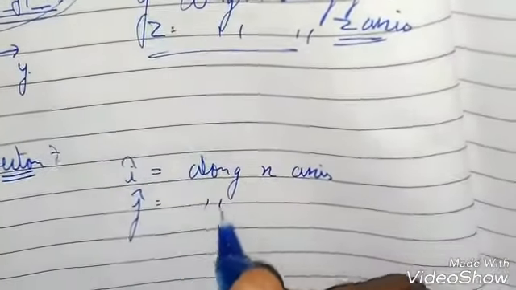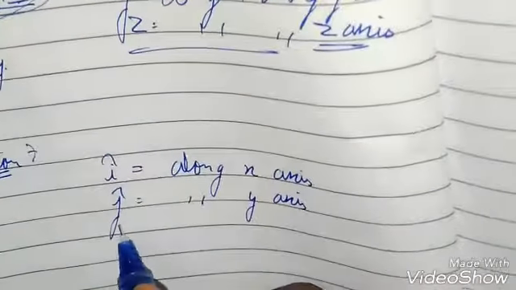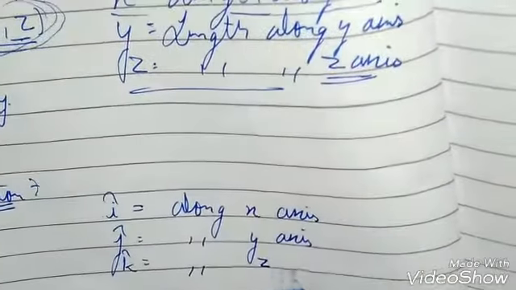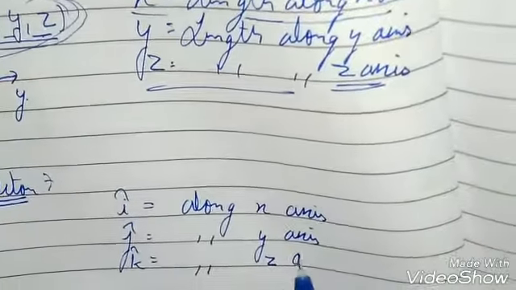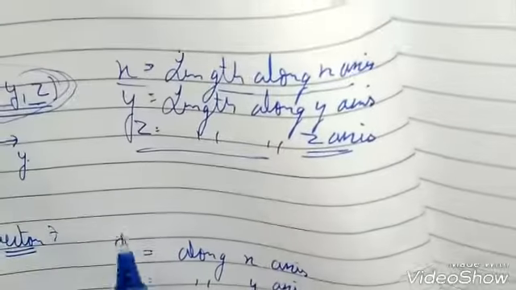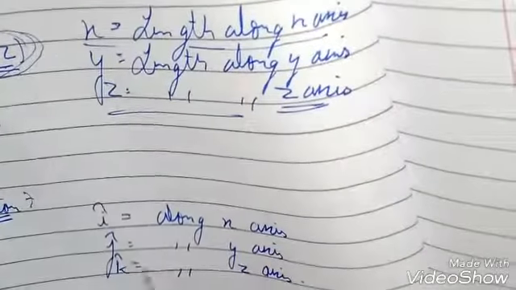Another one is j cap, a unit vector along the y-axis. The third one is k cap, which is a unit vector along the z-axis. Cap is the sign which signifies that the vector is actually a unit vector.